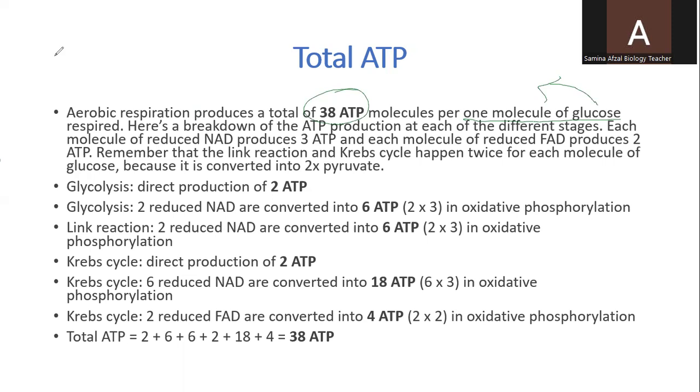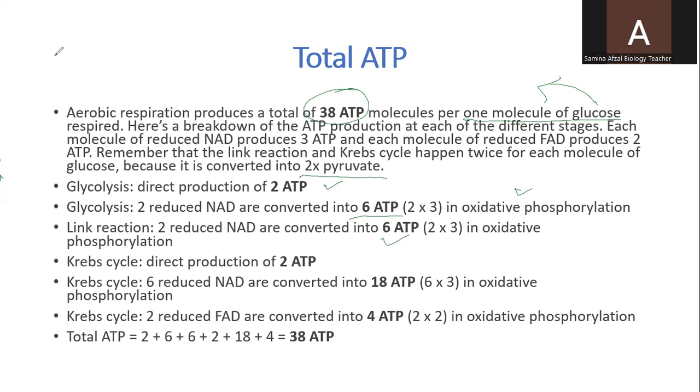So remember that the link reaction and Krebs cycle happen twice for each molecule of glucose because it is converted into two pyruvate molecules. So glycolysis gives direct production of 2 ATP, and in the link reaction 2 reduced NAD give 6 ATP molecules in oxidative phosphorylation. So the link reaction produces 6 ATP molecules, 2 into 3.